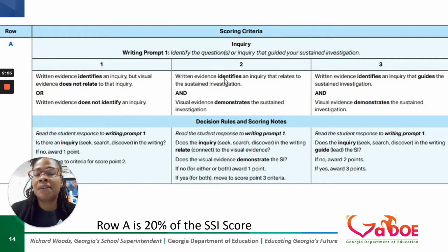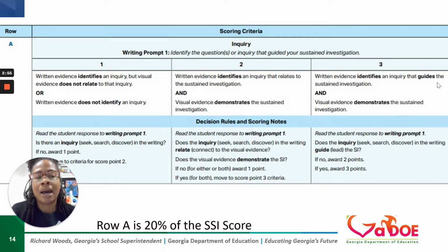Written evidence identifies an inquiry that relates to the sustained investigation, and visual evidence demonstrates the sustained investigation. If it does not have both of these, then you're automatically scored a 1. But if it does have both of these, you look at 3. And I want to point out a difference here. Written evidence identifies an inquiry that guides the investigation, and visual evidence demonstrates the sustained investigation.